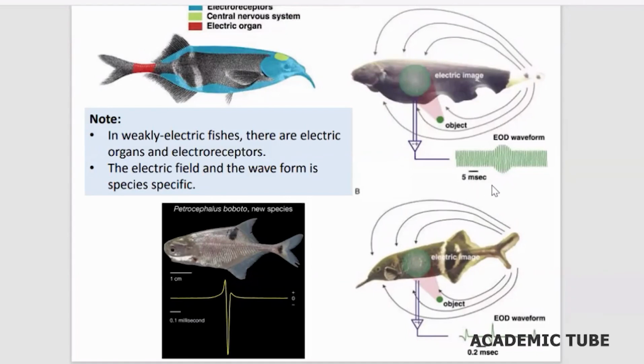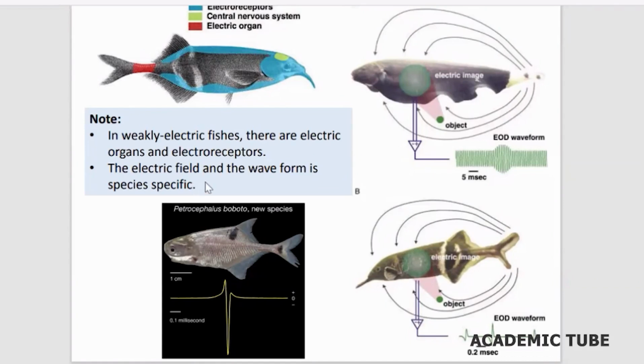right? Therefore, you will understand the electric field produced by each species is unique to that species. It is unique, right? Because of this uniqueness, you will now understand only the fish of the same species are capable of detecting this particular unique electric wave and will respond.